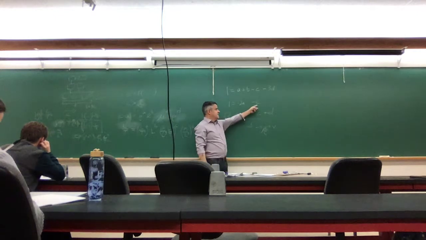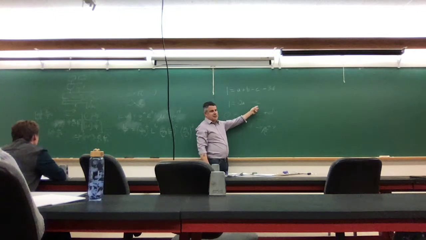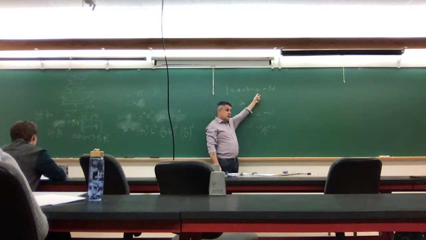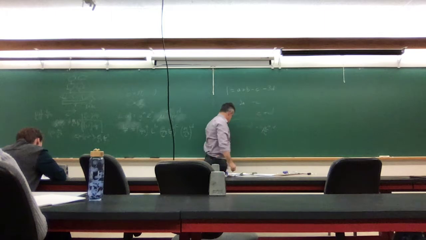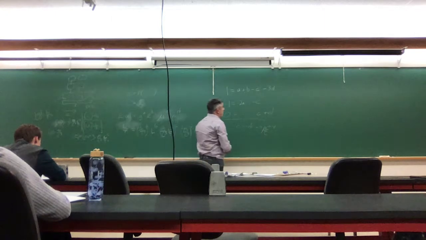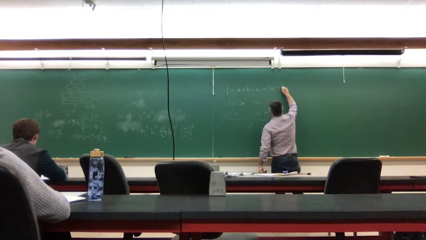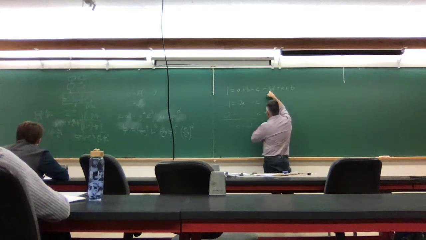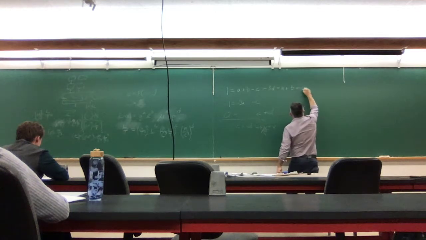Not really, because I've only got C there, and I can switch the C for D, but that doesn't gain me much. But I can use it to simplify this equation, right? I can eliminate D from here. So which is equal to A plus B minus C, but C is equal to minus D, so that's plus 2C.